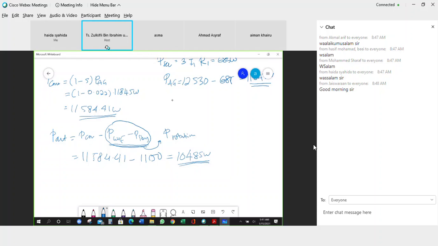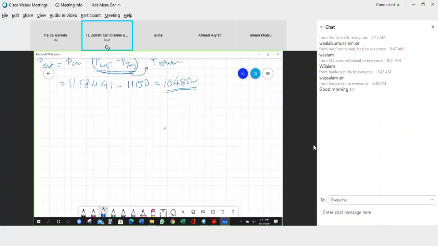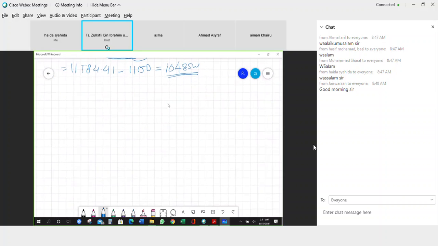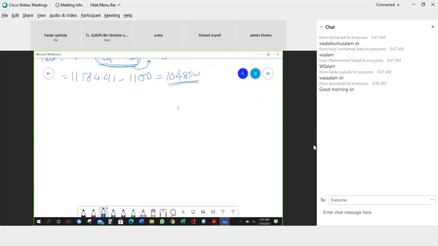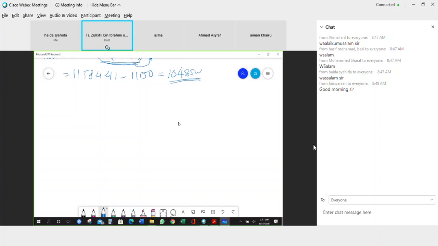So the induced torque tu dekat air gap. The induced torque is due to the air gap power. So the P air gap equals to torque times omega.